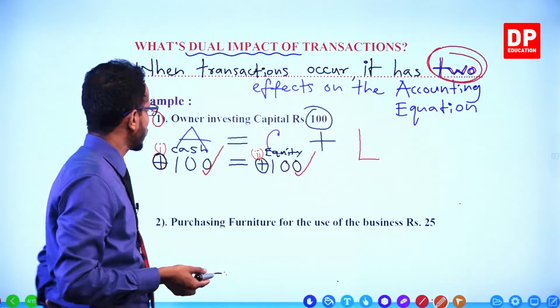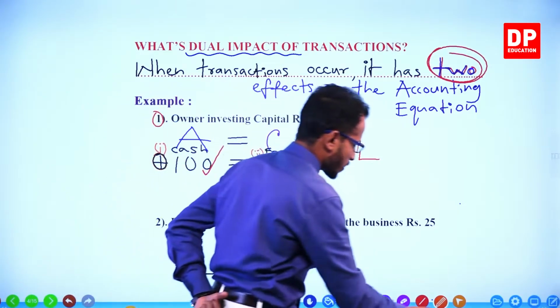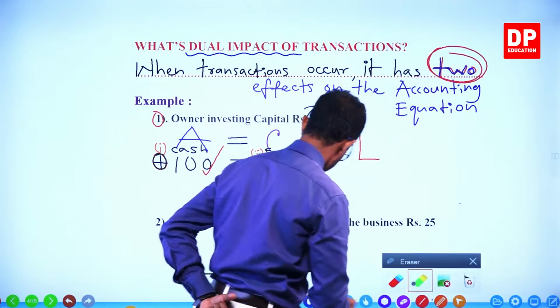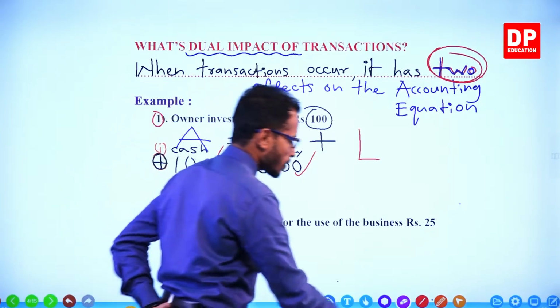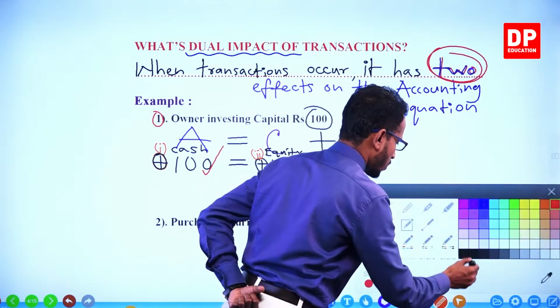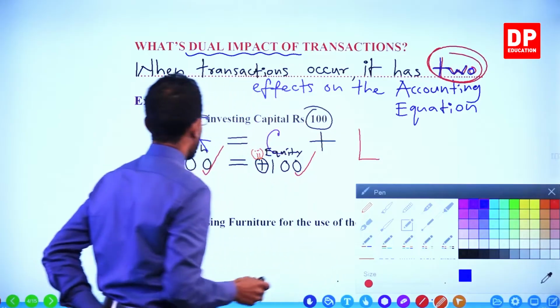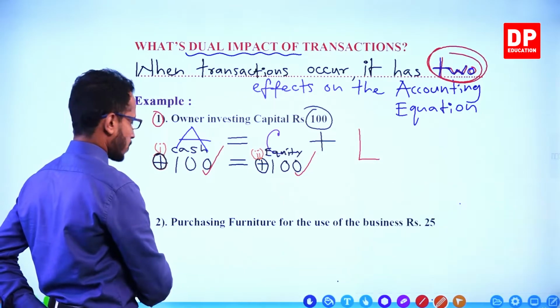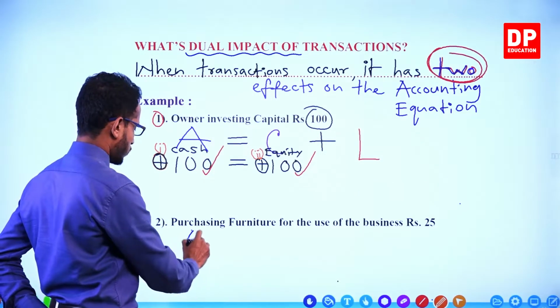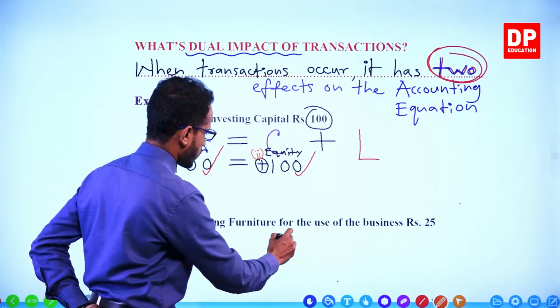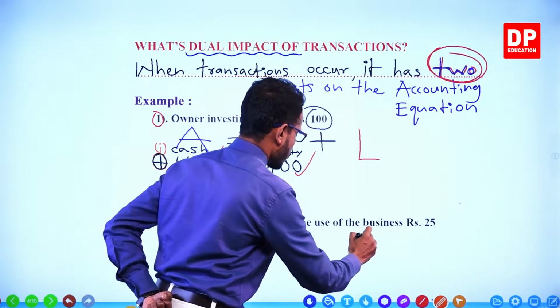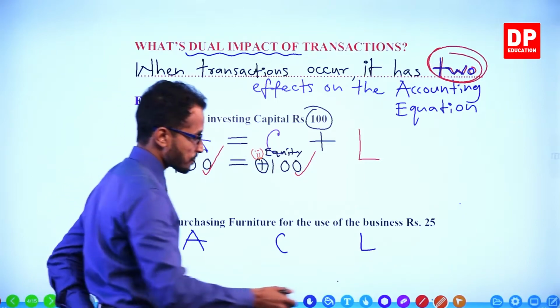Okay, let's go to the second transaction, children. Here we go. Again, I'll write the accounting equation in a simple way. I'm not going to use colors now.